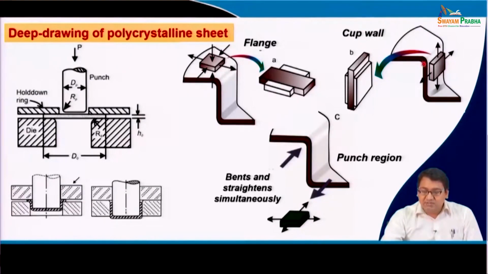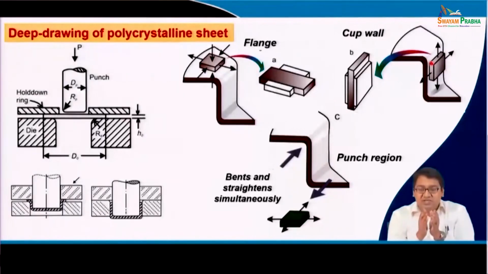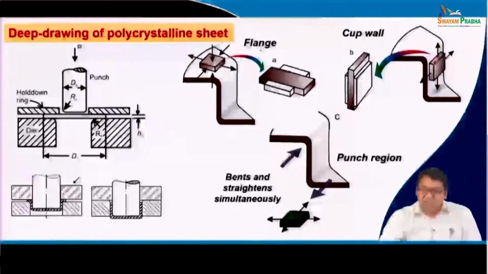Whereas in the cup wall, you see the material is being pushed below, and when it is pushed, further reduction in the circumferential area is not allowed. So, the material is now subjected to a tensile loading in this direction, whereas the same tensile loading because of the punch is observed in the normal direction.